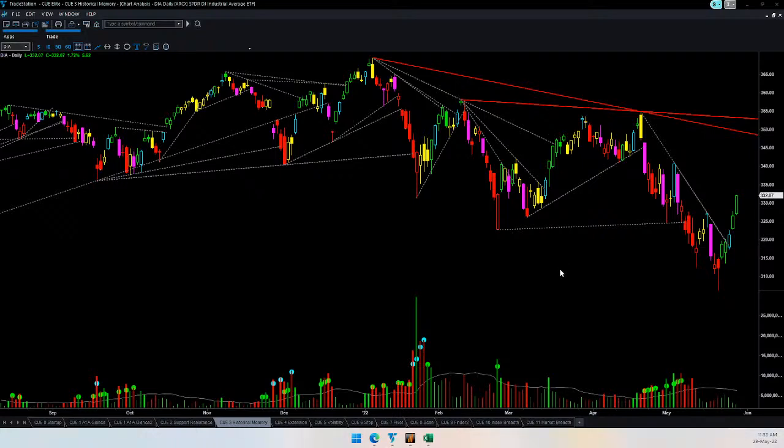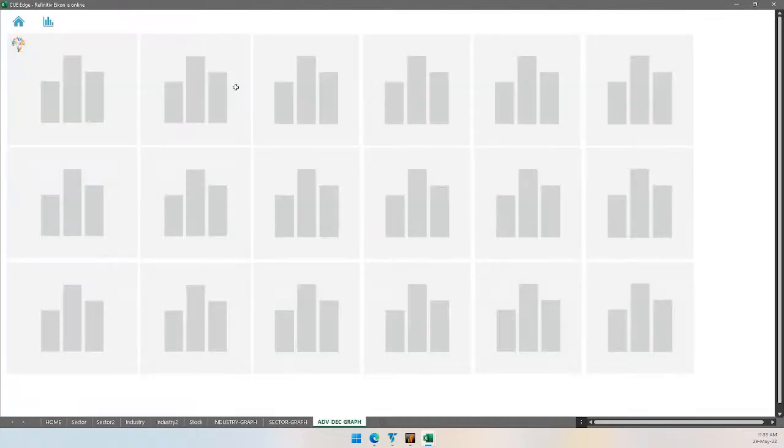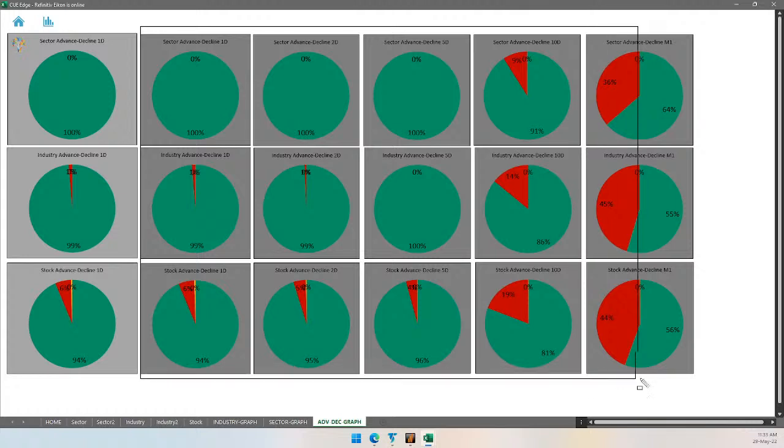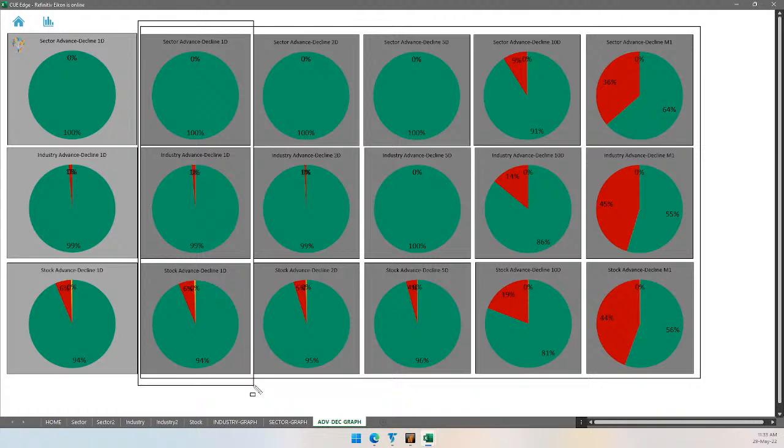The other thing that I tweeted was based on the sector industry stock advanced decline breadth. In the previous webinar, I showed that these colors were mostly red, and I remember I very explicitly mentioned that if the real time, that is the leftmost column, or after market close the daily column, the second column, if they turn green, because we had a very oversold situation, we would be ready to buy.